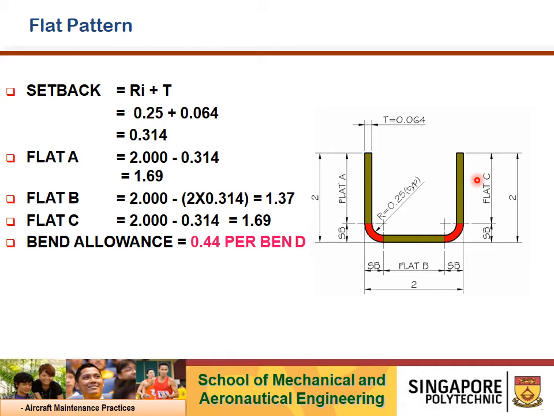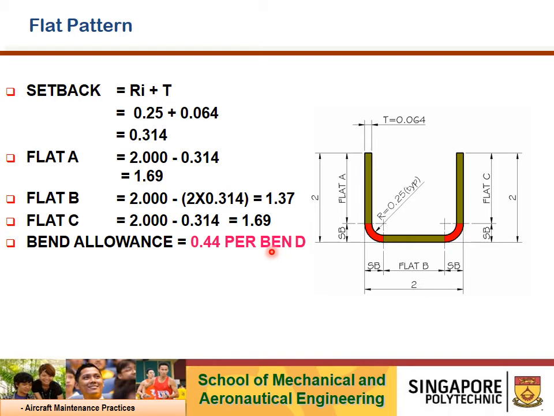Now, the only thing to take note of is flat B. The distance of flat B is 2 minus 2 setbacks. You look carefully: 2 minus 1 setback here and 1 setback here will give you the distance of flat B. So it's 1.37. Then how do I calculate my bend allowance? It's 0.44 per bend. How do I calculate it?